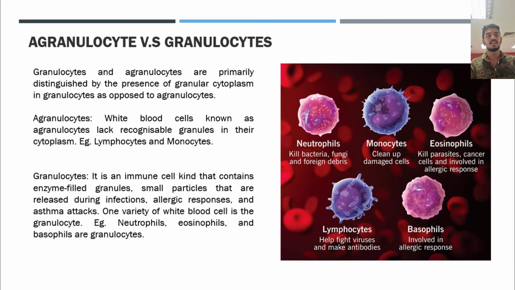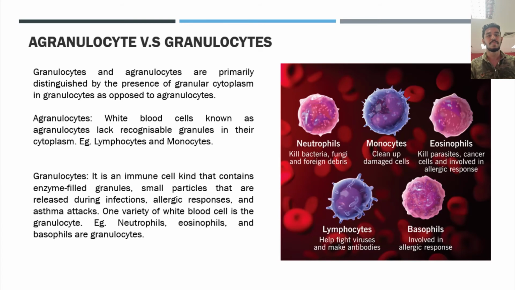Granulocytes are white blood cells that have granules in them. There are small tiny dots in them, which makes it easier to differentiate them from the agranulocytes. Agranulocytes are the white blood cells without granules, and they are lymphocytes and monocytes.